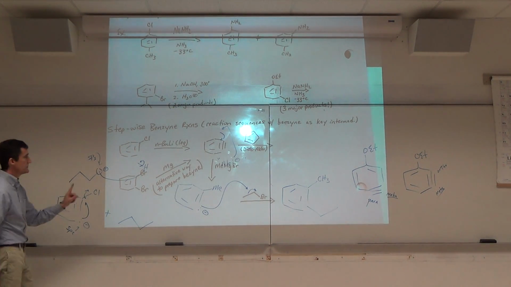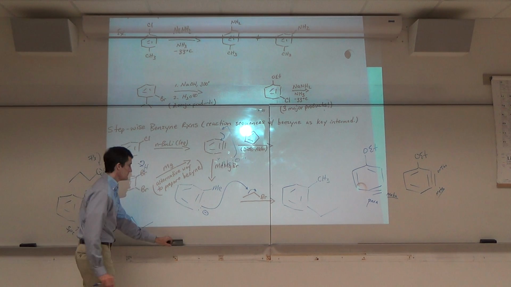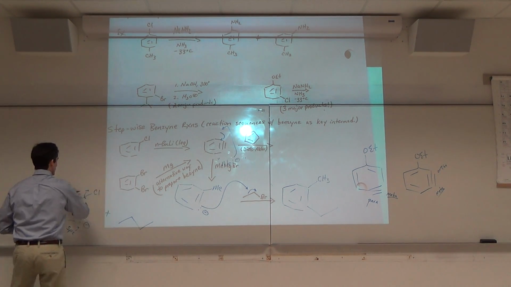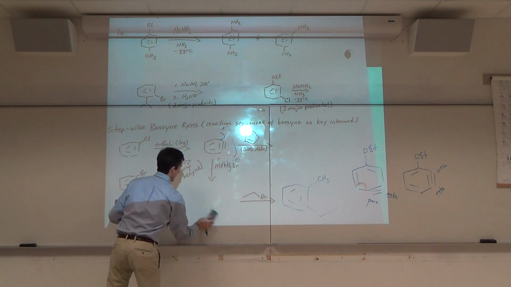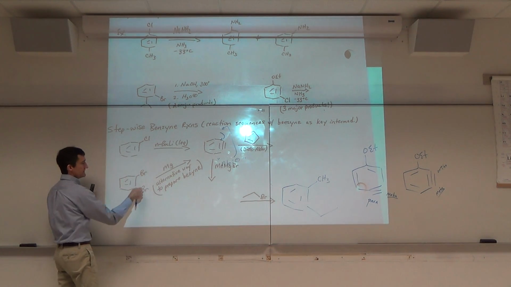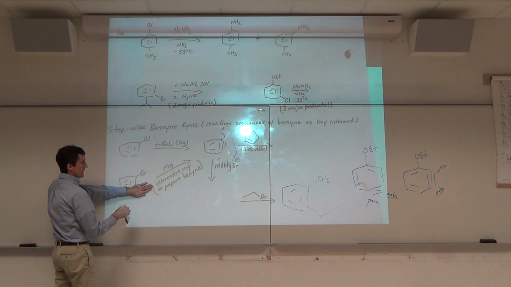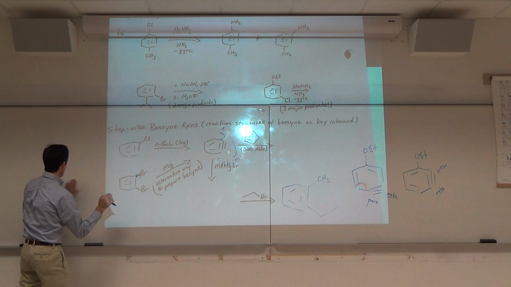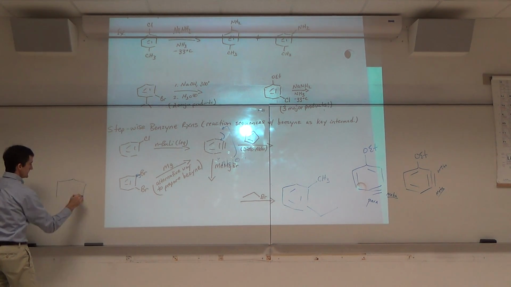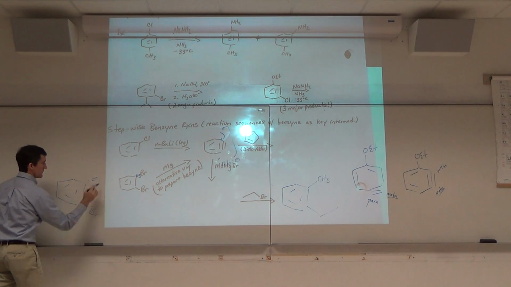Here's something a little new. Here's another way to make benzynes. What does magnesium do to a carbon-bromine bond? It inserts. You get Grignard. And the Grignard is essentially that with a bromine next door, right?